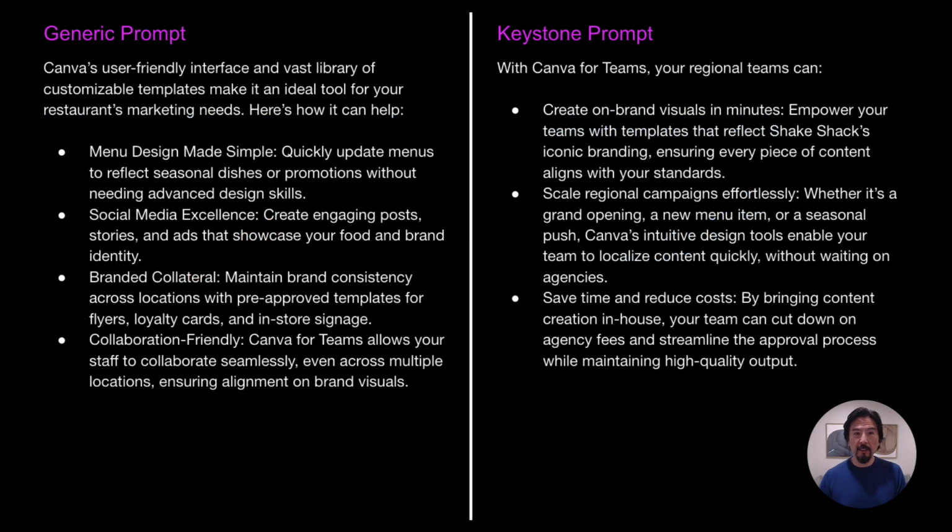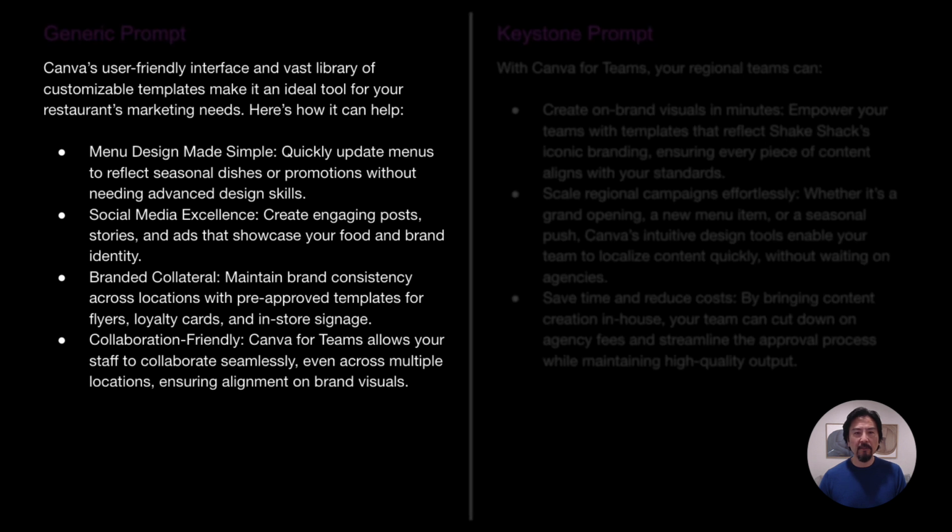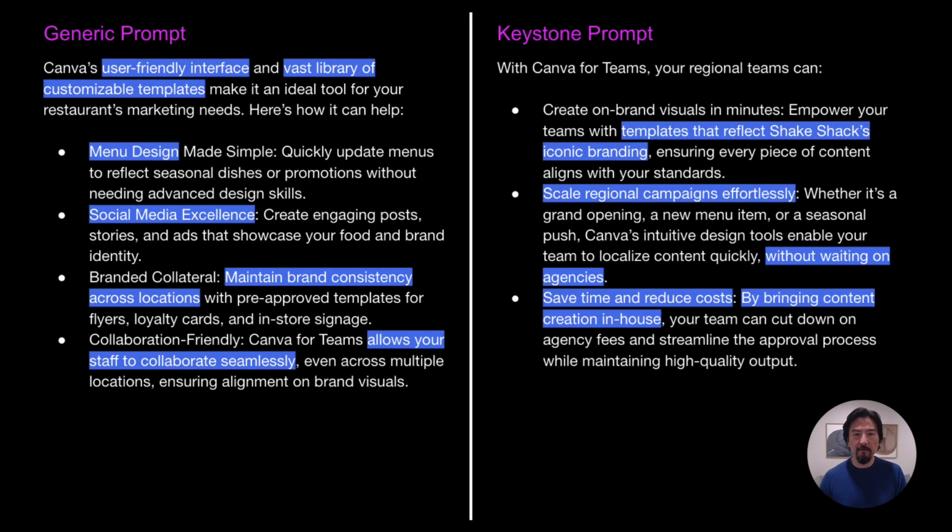Now, let's take a look at the body of the email. At first glance, the generic email isn't bad, it certainly provides rich information. But upon closer examination, it's actually quite broad and feature-focused, describing Canva's general capabilities, such as menu design, social media posts, brand consistency, and collaboration. It explains what Canva does, but doesn't directly connect with Shake Shack's specific goals. In the keystone email, the messaging is specific and references Shake Shack's iconic branding.